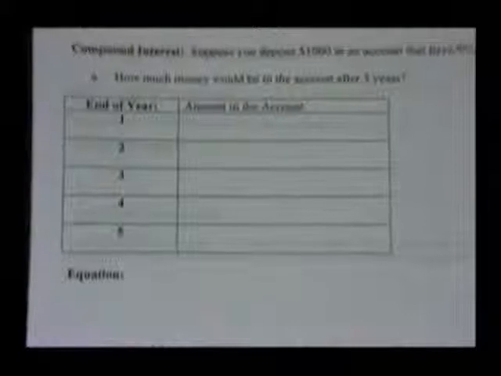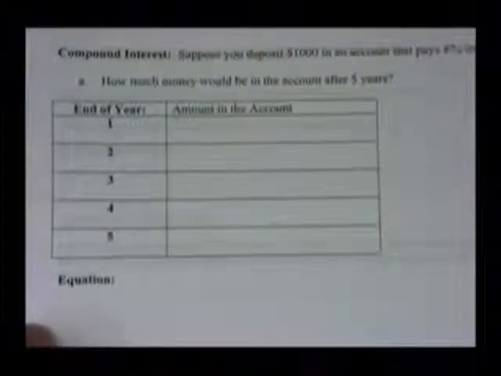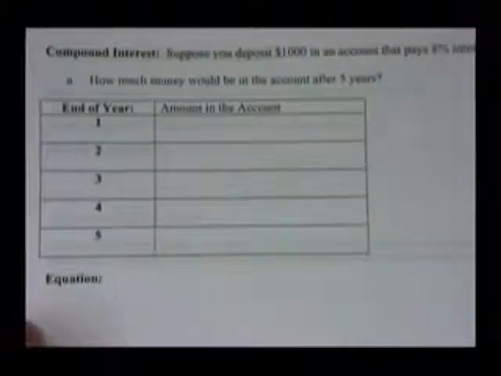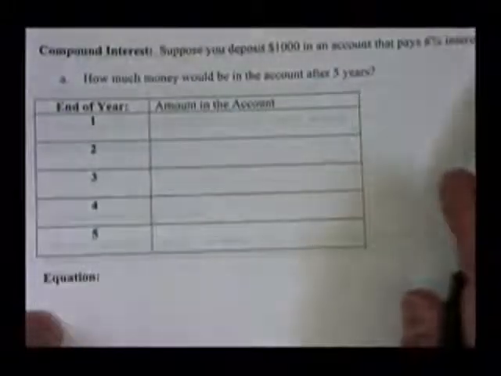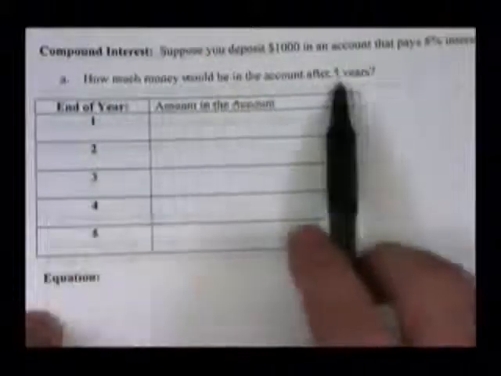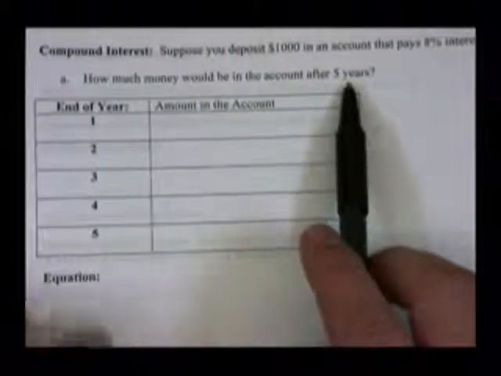And we'll look at another type of use for exponential equations, and that is the idea of compound interest. So let's suppose that you deposit $1,000 in an account that pays 8% interest per year. How much would be in the account after 5 years?